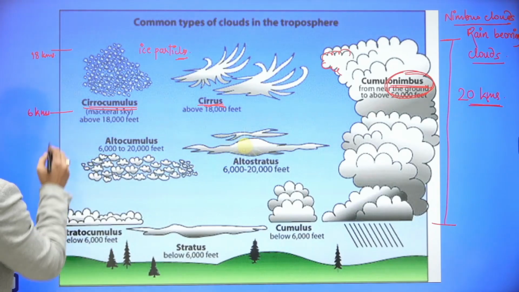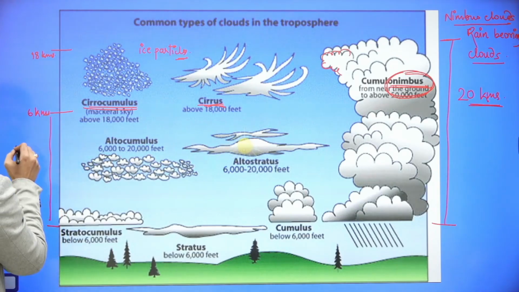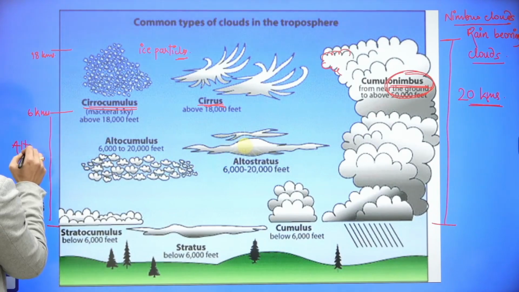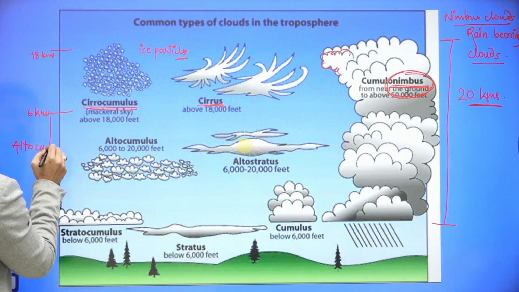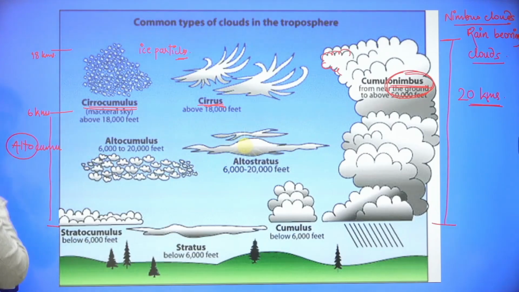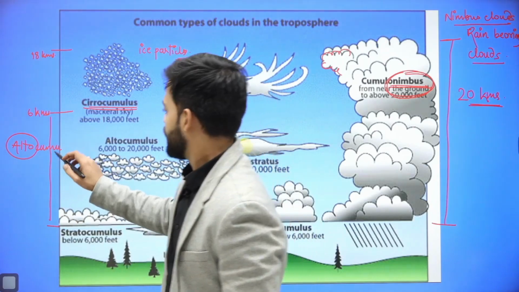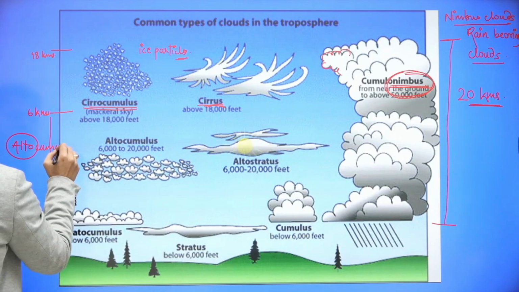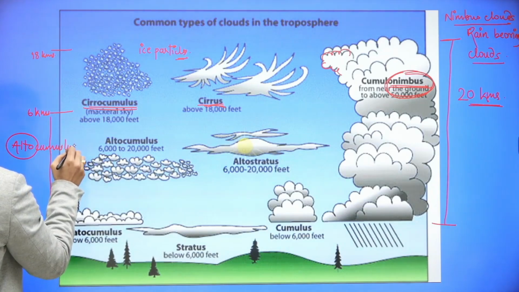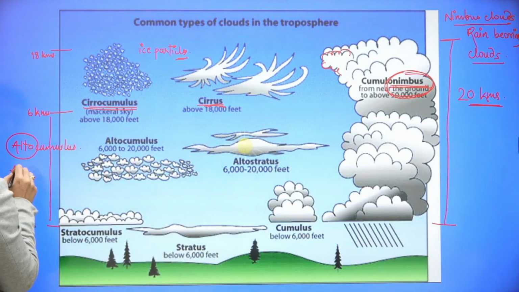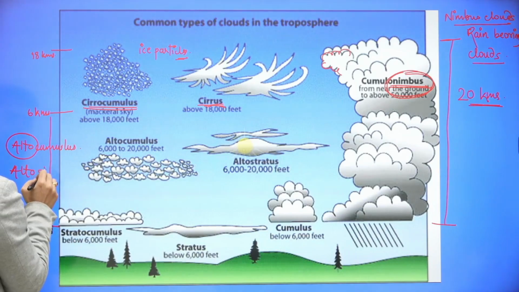From 0 to 6 kilometers, altocumulus or altostratus clouds are formed. This alto term is used because of altitude. So these altocumulus and altostratus clouds.